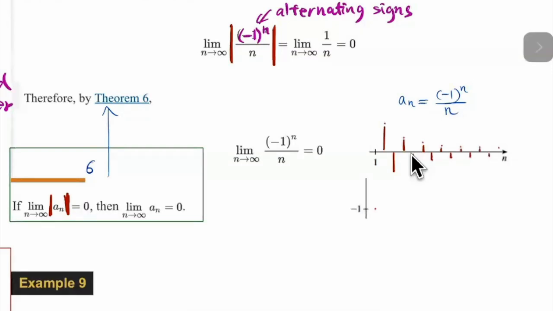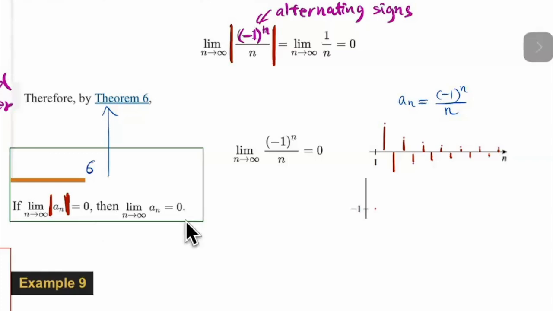So if the absolute value is approaching 0, then the sequence itself will also go to 0. Sometimes the sign is not always positive, so you can take the absolute value and see if the sequence goes to 0. If it does, then the original sequence will also go to 0.